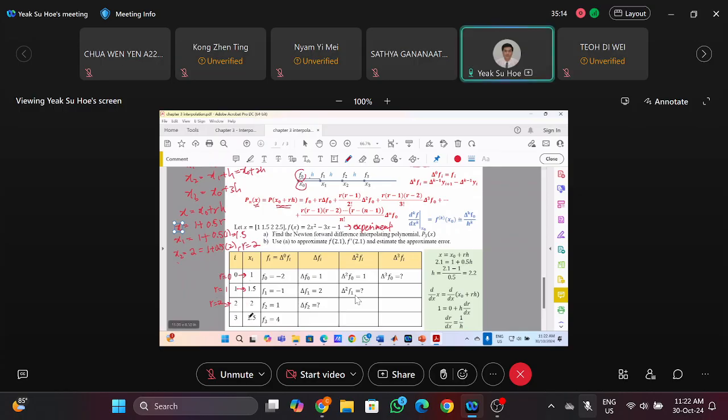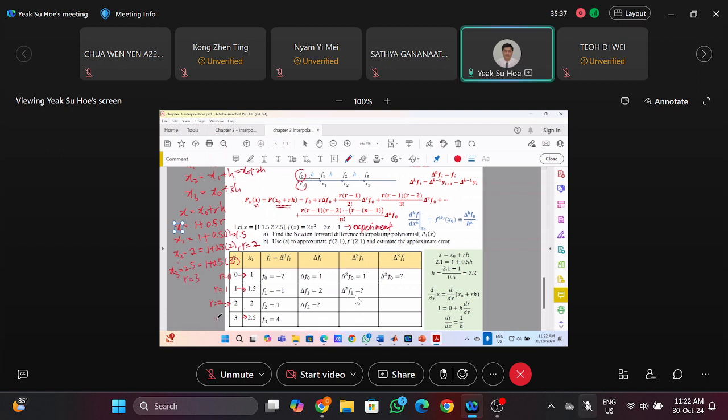And then when S is 2.5, actually it is S3. 2.5 is equal to 1 plus 0.5 times 3. So what is R? Your R is equal to 3.